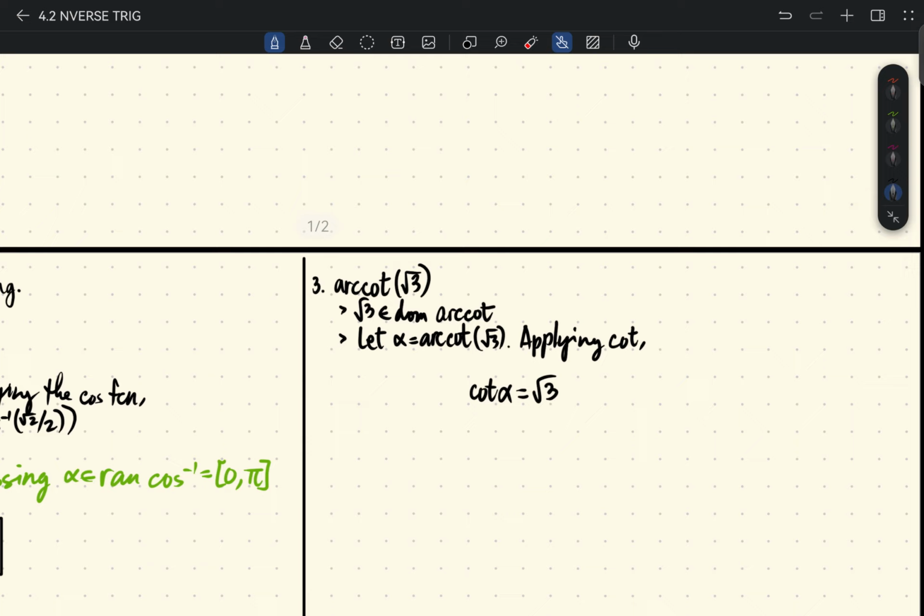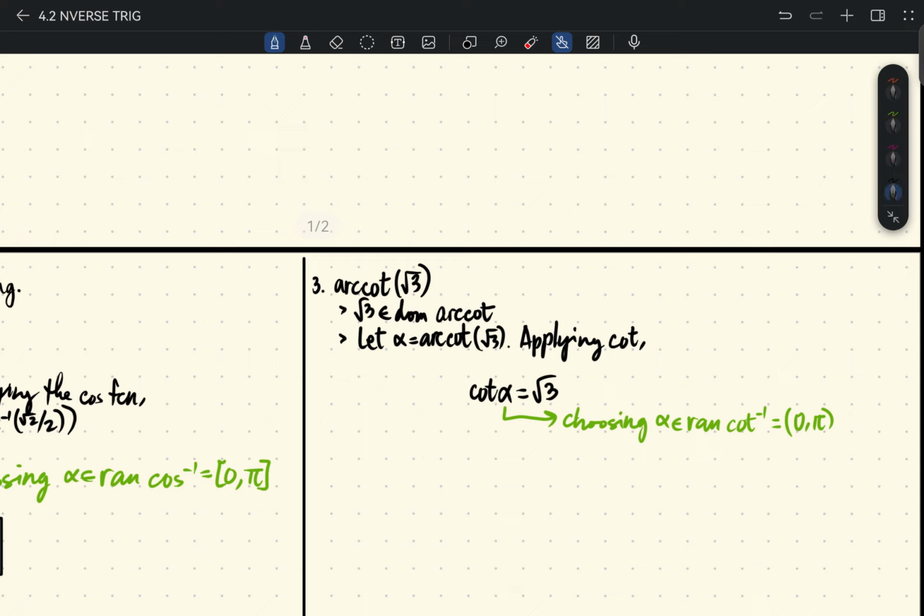And so we are left with solving this equation for alpha. So we are choosing alpha to be in the range of cotangent inverse. And what's the range of cotangent inverse? The range of cotangent inverse is 0 to pi.